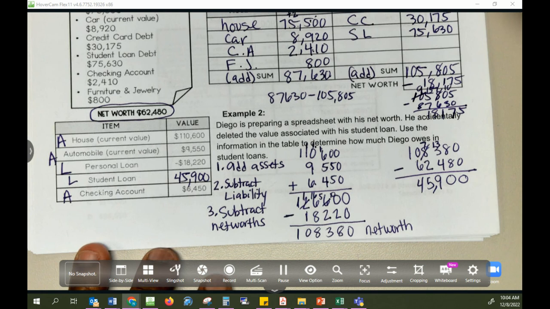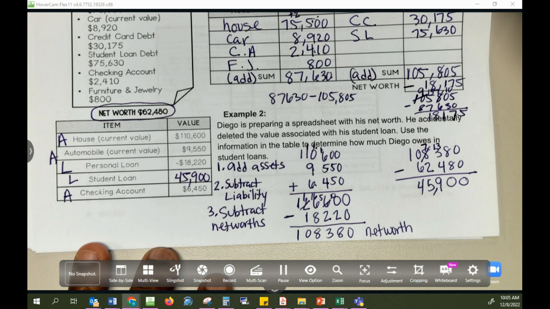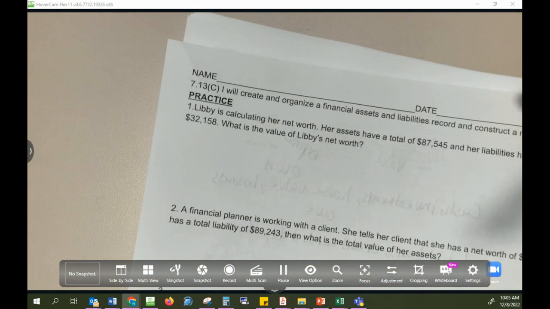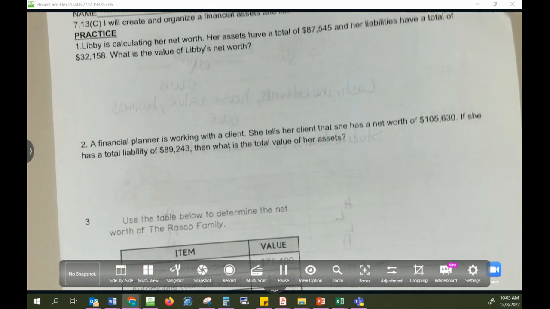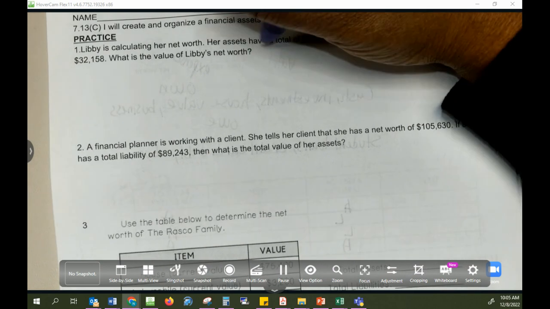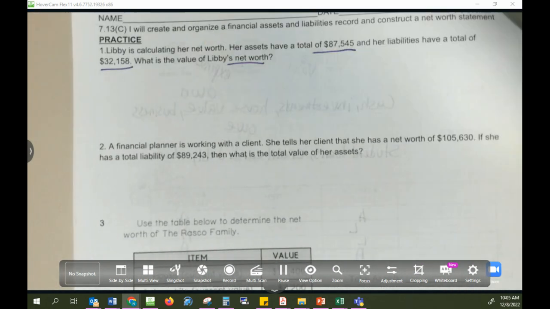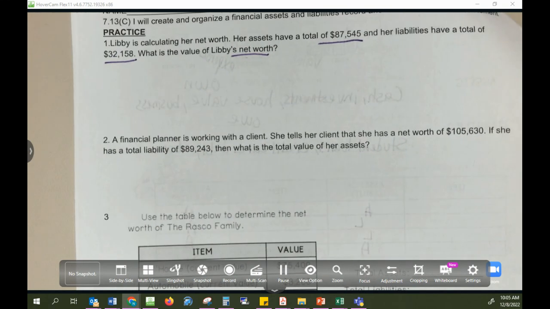Okay, so are we all done writing this down so I can turn it over? All right. So when I turn it over, let's look at number 1. So Libby is calculating her net worth. They give us her asset and her total liability. How would I find her net worth here?